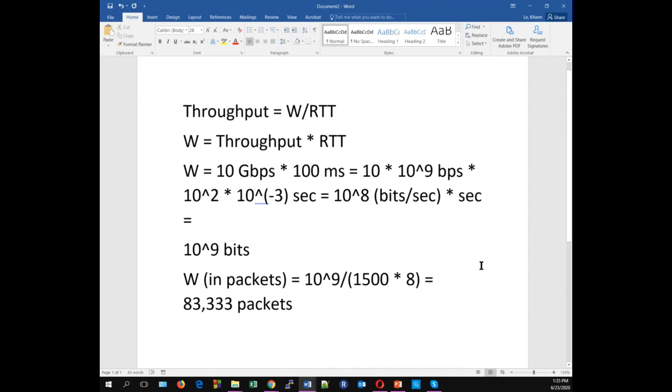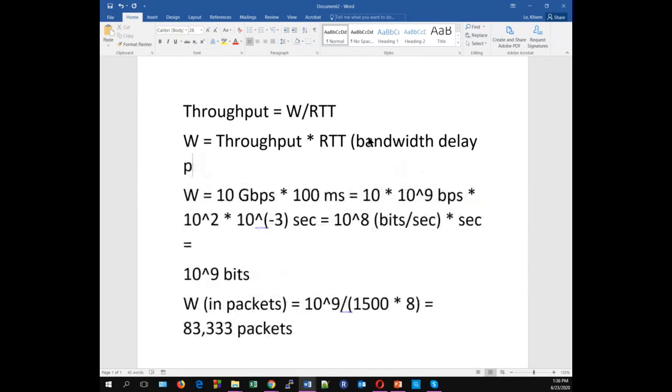So what this shows us is that when you have a large round trip time, you need a large window if you want to maintain the throughput, right? So this case is called a bandwidth delay product. You multiply, so that's why we call it product. And throughput corresponds to the bandwidth, RTT corresponds to the delay.